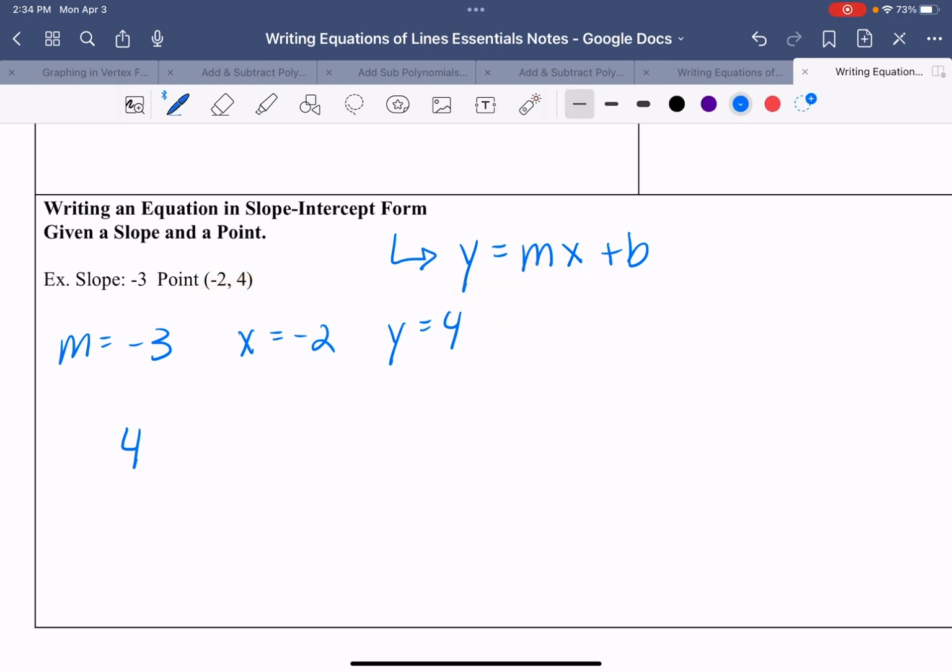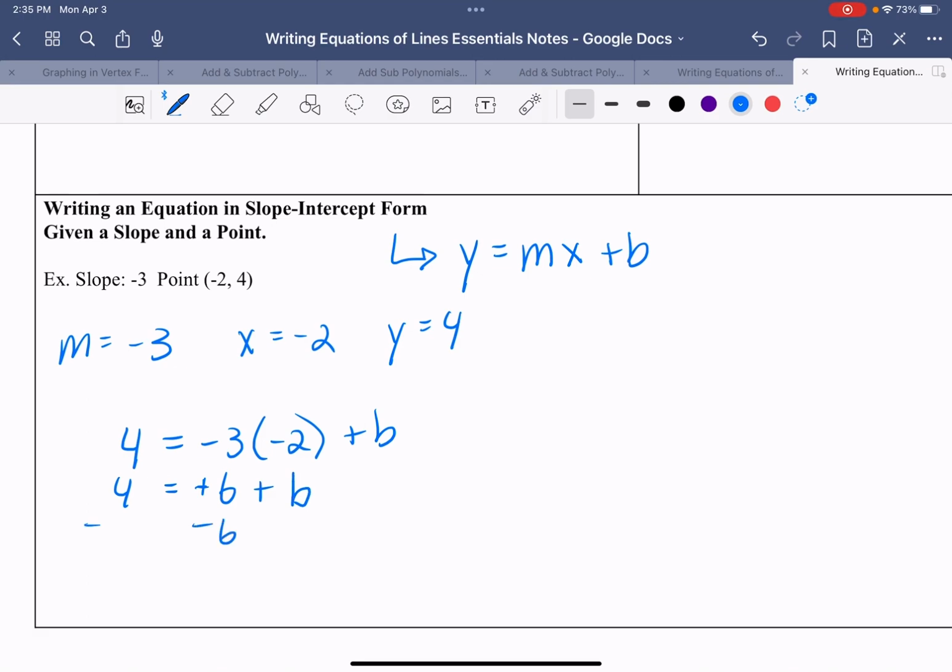So 4 is equal to -3, our slope, times x, plus b. If we do our algebra, PEMDAS, oh actually, negative times negative is positive, so we get 6 plus b. Let me write a better b, my b and 6 look the same.